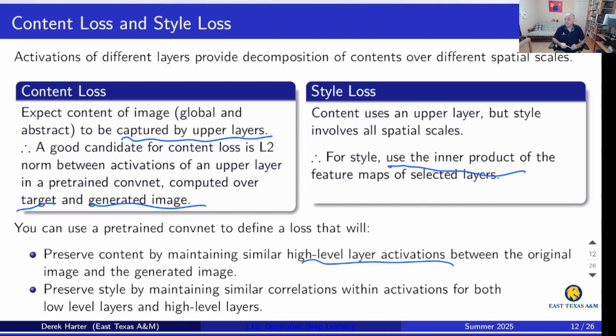And likewise, we can get a style measurement for our loss function by maintaining similarities, so correlations, with activations for layers in different levels, low to high, between the style image and the image that we're attempting to generate. Okay.